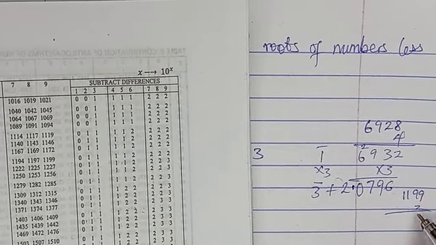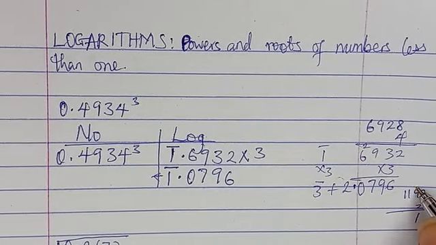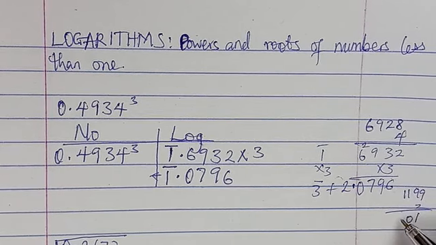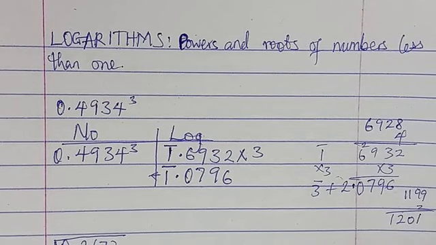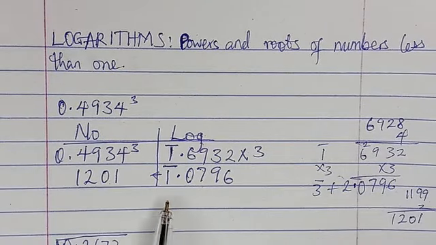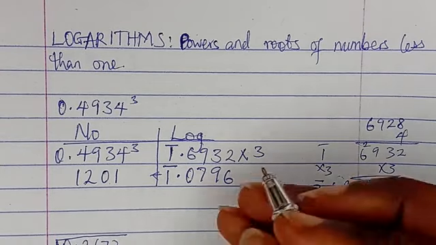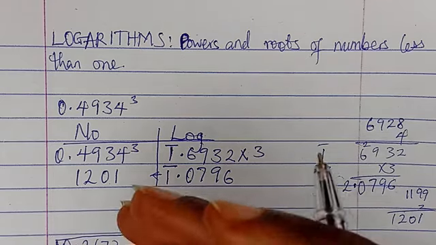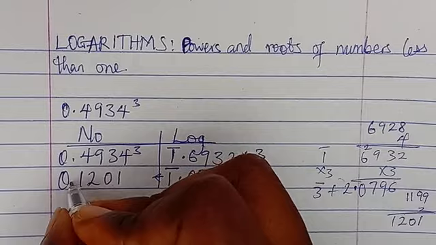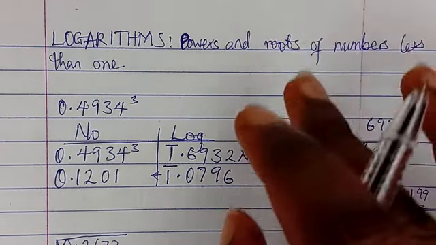So we have 9 plus 2 is 11. We take 1 up here, and then we have 1201. Then with this bar, whenever we have a bar number, all that means is the number of zeros before the anti-log value. So that is 0.1201.